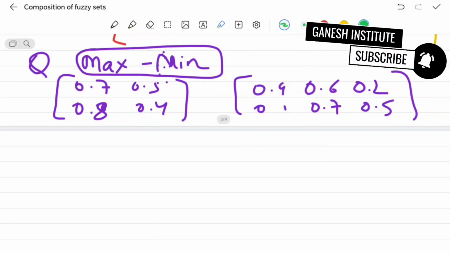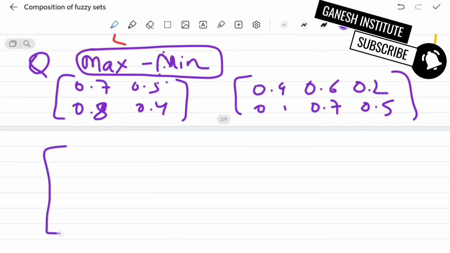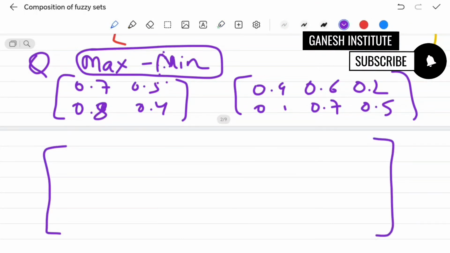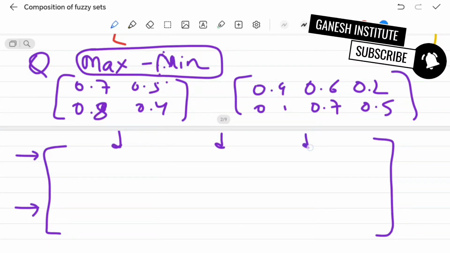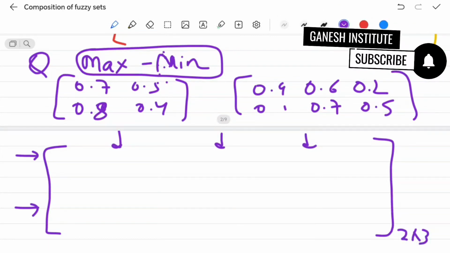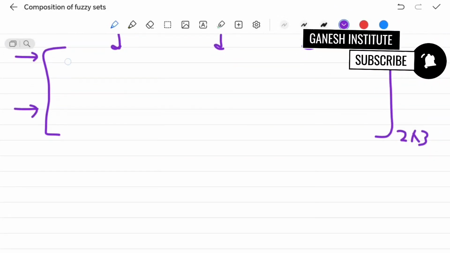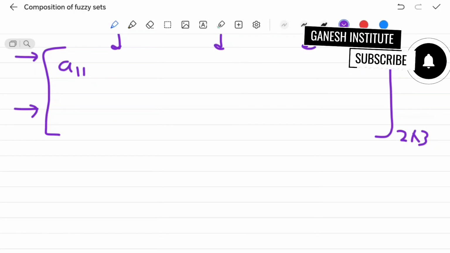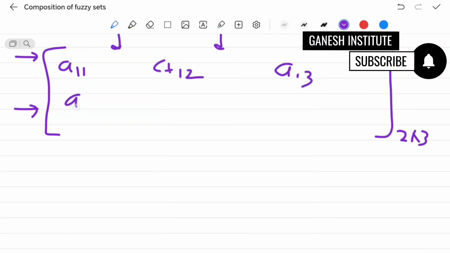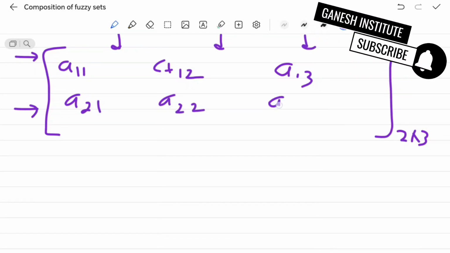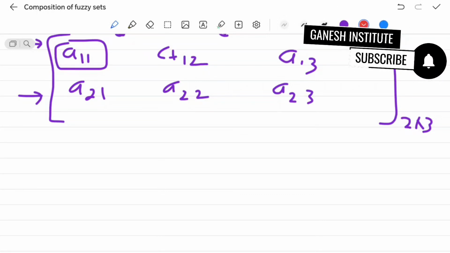So the new matrix will have 2 rows and 3 columns, correct? So what can be the elements? First row, first column; first row, second column; first row, third column; second row, first column; second row, second column; second row, third column, right? Let's find this one first.